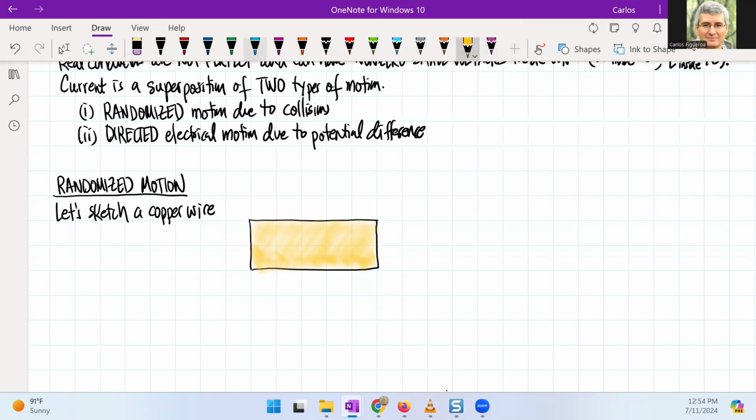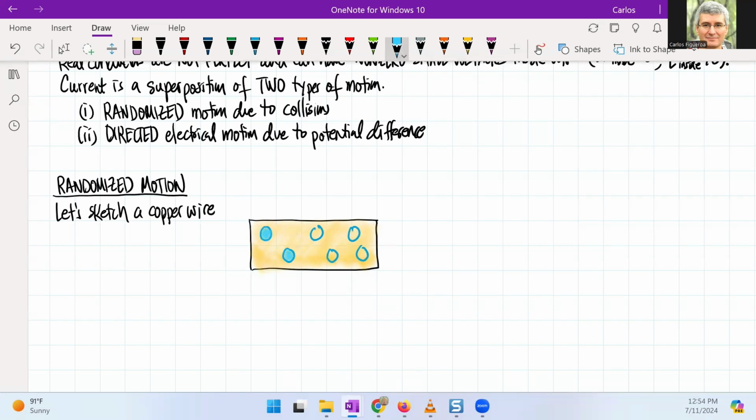So here's what we know. In copper wires, I'm going to have ions, copper ions. And when you look at these copper ions, they turn out to be gigantic.